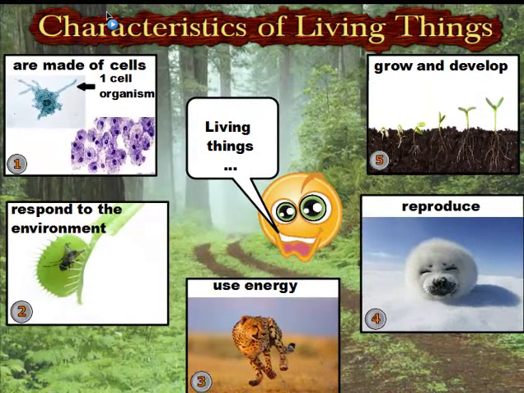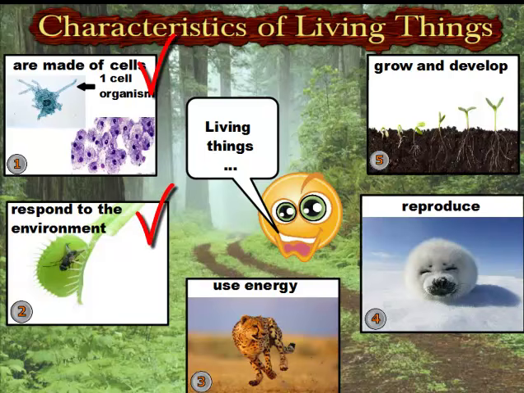So in summary, boys and girls, always remember the 5 characteristics that all living things share, from you down to bacteria, are: 1, that they're organized and made up of cells; 2, they respond to their environment to maintain homeostasis; 3, they use energy in some form, either to do work or something like running around, or they use energy to make food like plants do.